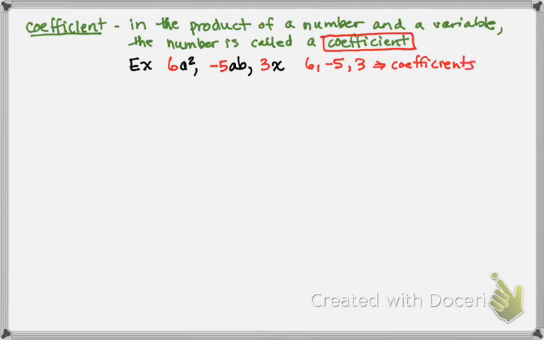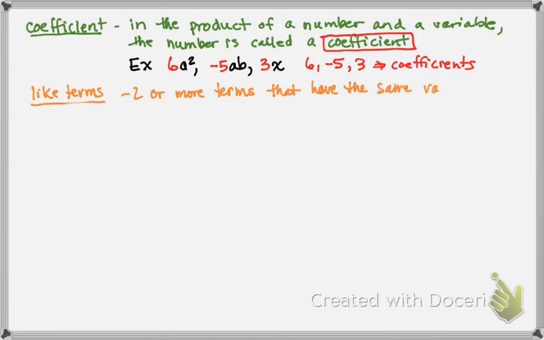Now the next thing we need to talk about is crucial to understanding this idea of combining like terms. And that is like terms. What the heck do I mean by that? So like terms are 2 or more terms that have the same variable with the same exponent.